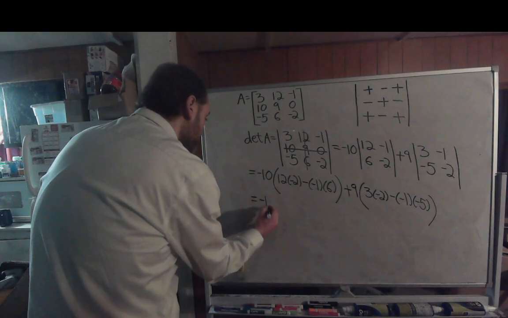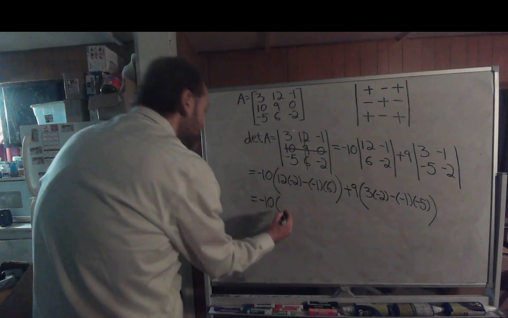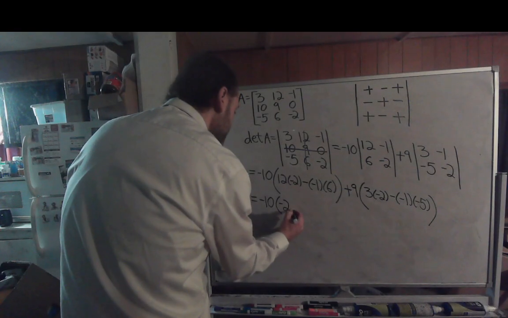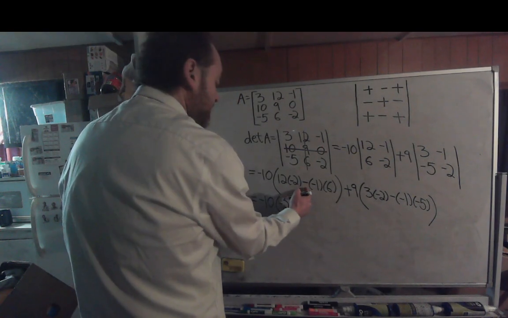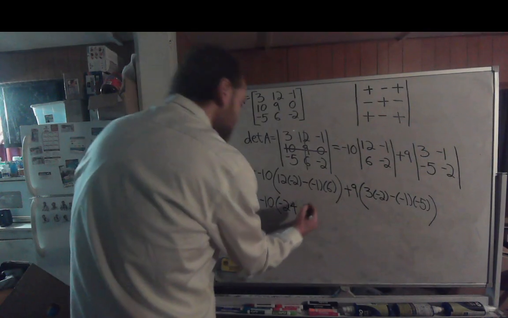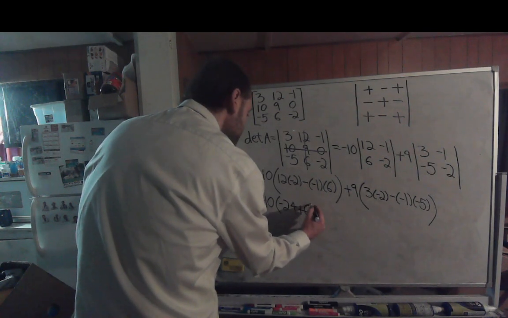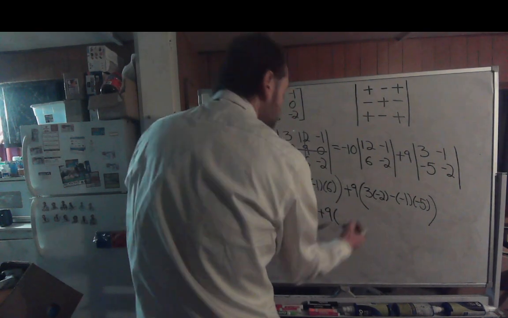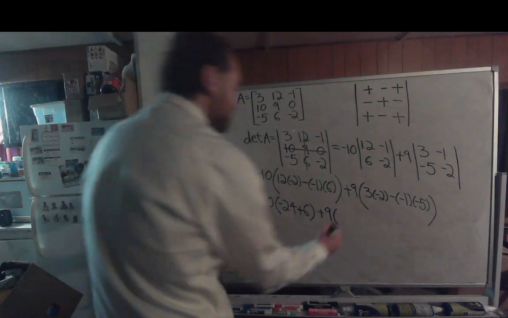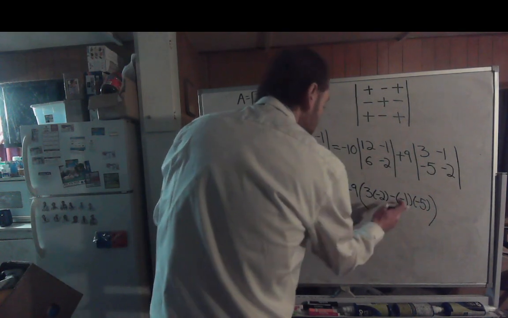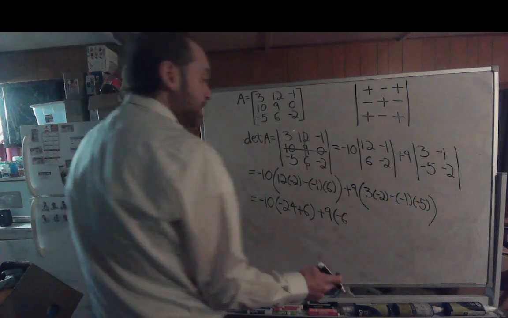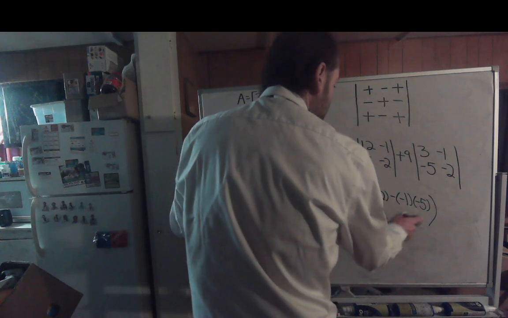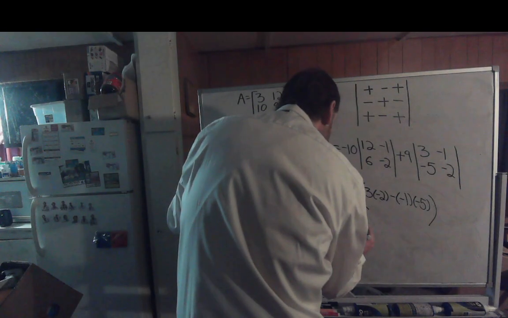So let's do our parentheses here. 12 times -2 is -24. Minus -1 is +1 times 6, that's +6. Plus 9 times, let's see, 3 times -2 is -6. Minus -1 is +1 times -5, that'd be -5.